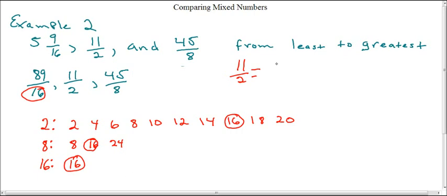So if we multiply 11 over 2 times 8, both numerator and denominator, we will get 88 over 16. Well, let's do the same for 45 over 8.